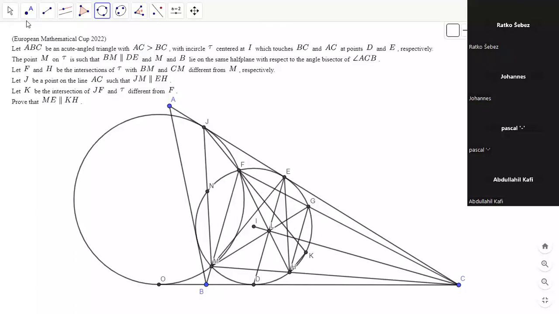So we want to show angle FMJ is equal to angle GHE, which is GFE. So it's the same as showing we want to show GE times GJ. Well, we know CE squared is CG times CF.